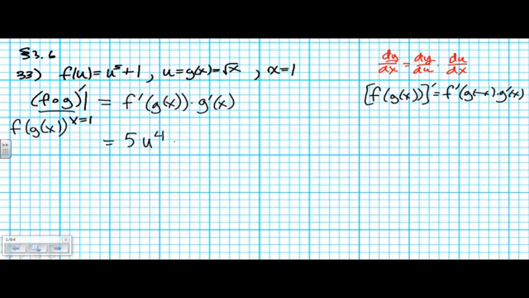What is g prime? G prime is 1/2 x to the negative 1/2. I have left the inside the same. U is g.